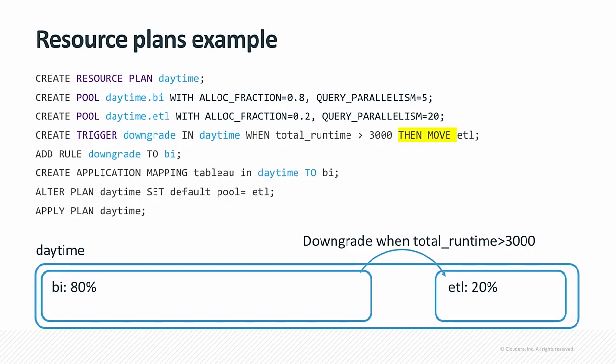The BI pool is able to take up 80% of all of the LLAP resources. It also has a query parallelism setting of 5, which means that we will guarantee fair sharing of resources for up to 5 queries running at once on this pool. And then the ETL one gets 20%.